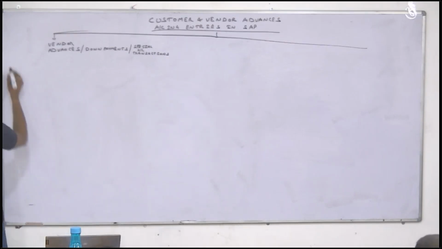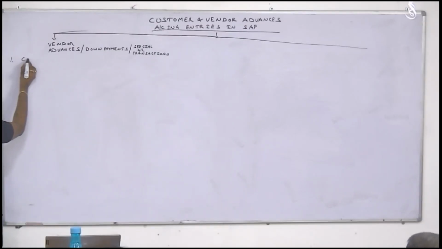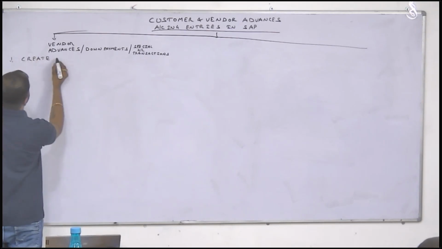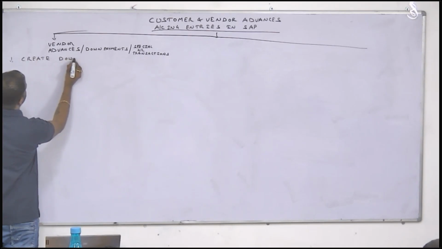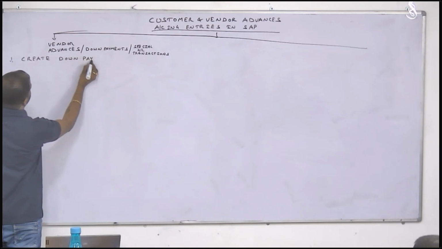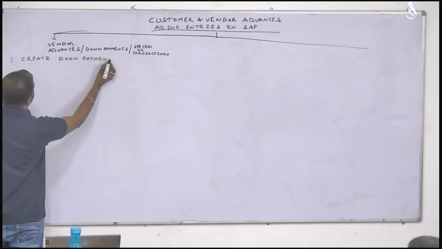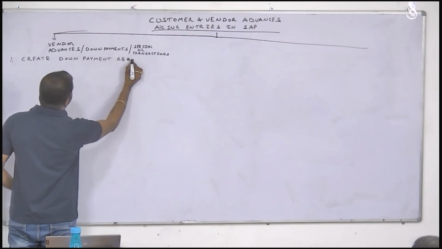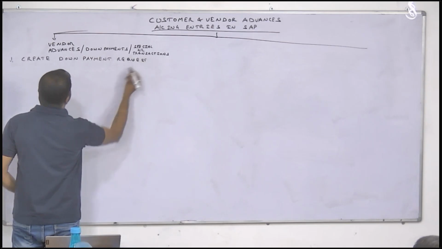In advances, normally, what is the structure? First, create a down payment request.